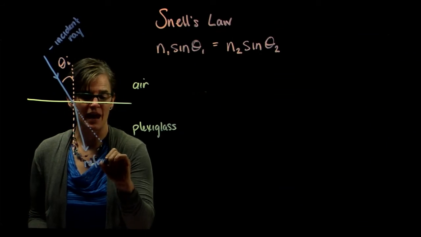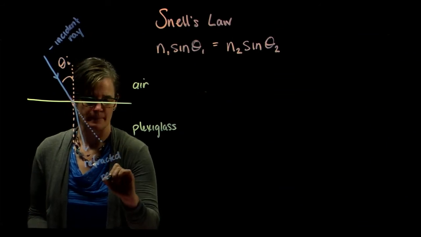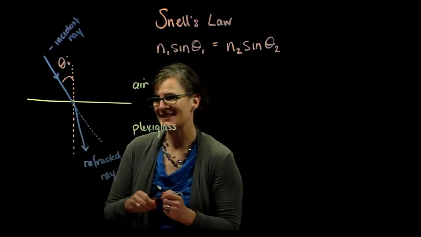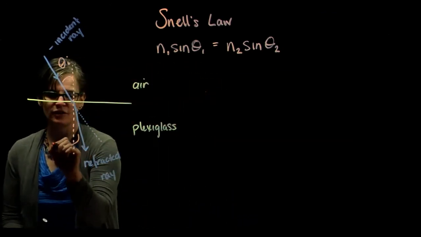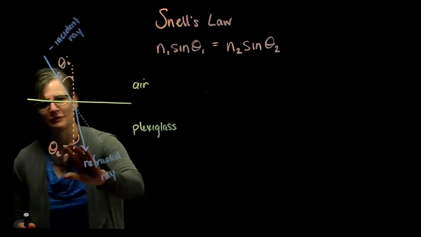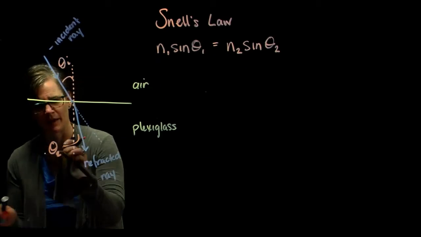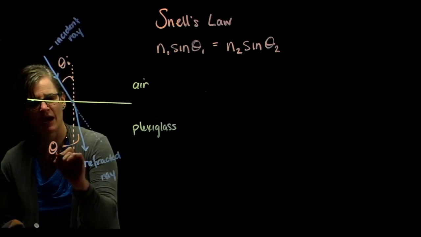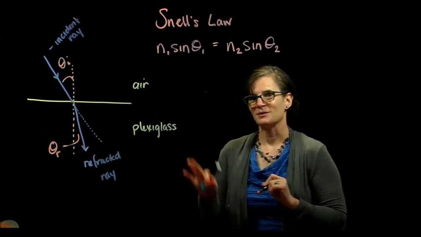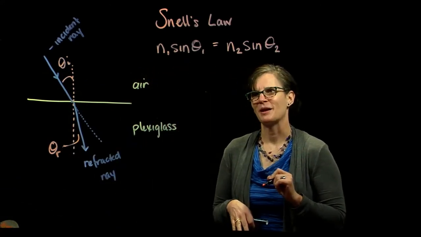This is the refracted ray in the medium of the plexiglass. And again, the angle of refraction, I put 2 there from thinking of my equation, is relative to that normal. All right, so just a reminder of some of that terminology.